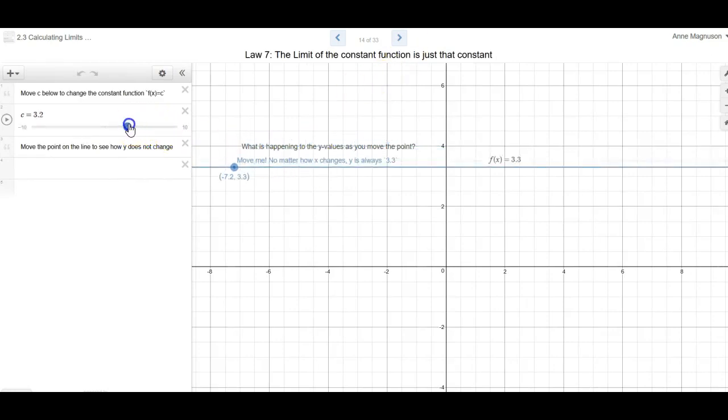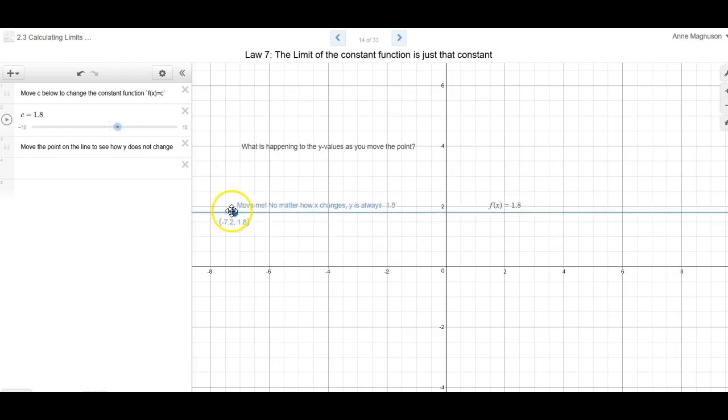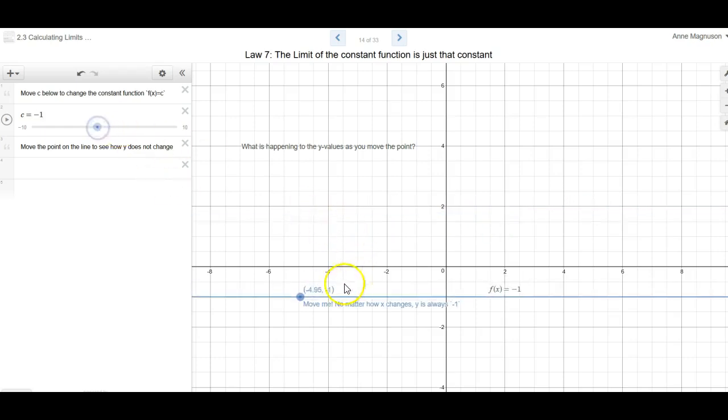So I'm changing my horizontal line here, and it doesn't matter what my x value is, right? The y value is always the same. So that tells me that the limit is always just c, the constant.